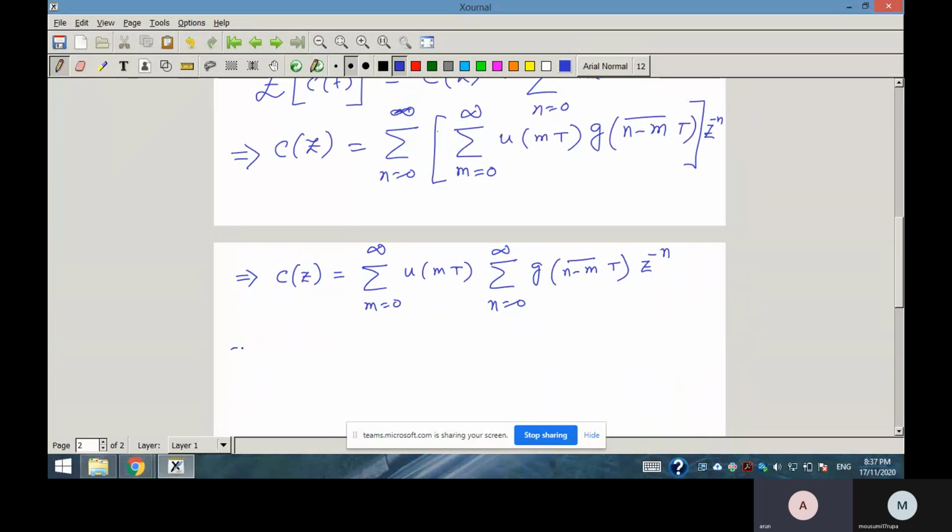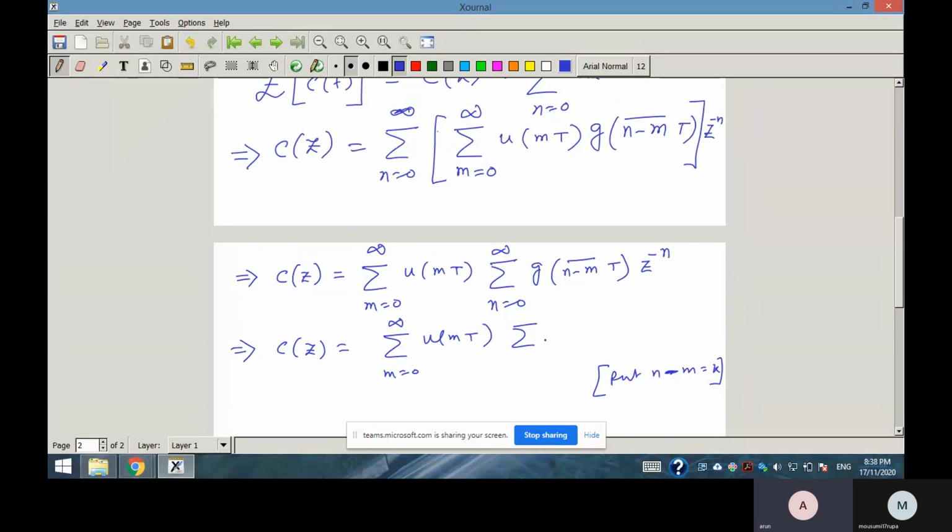Okay, so this implies C(z) equal to summation of m equal to 0 to infinity u(mT) into summation of, now n minus m, suppose k. So put n minus m equal to k. Then what happens? N equal to 0 means what?